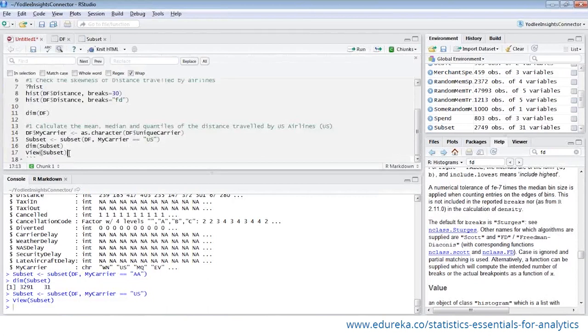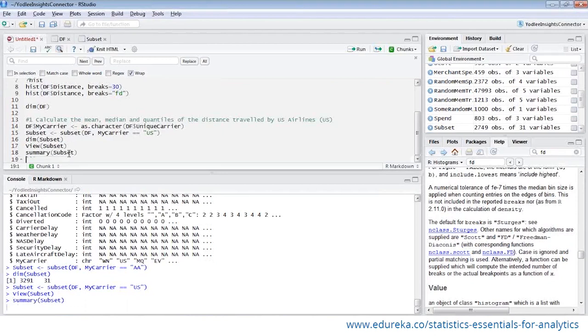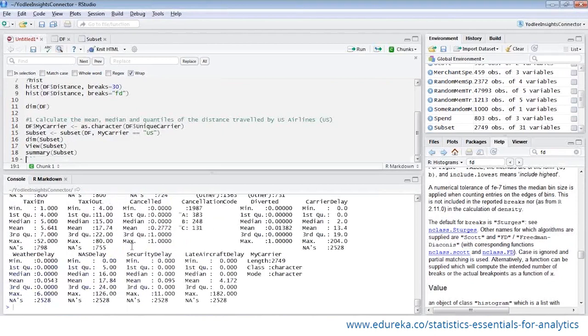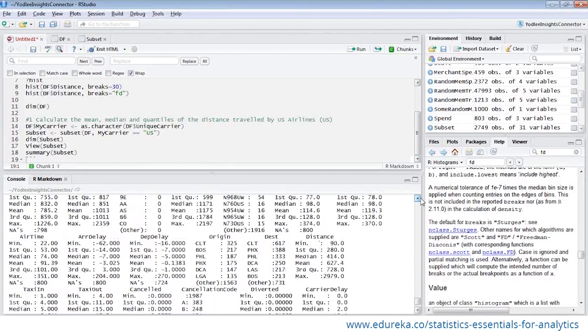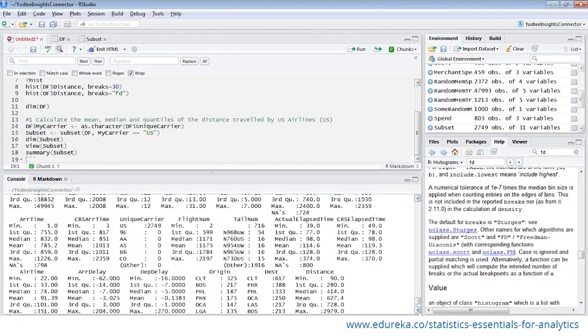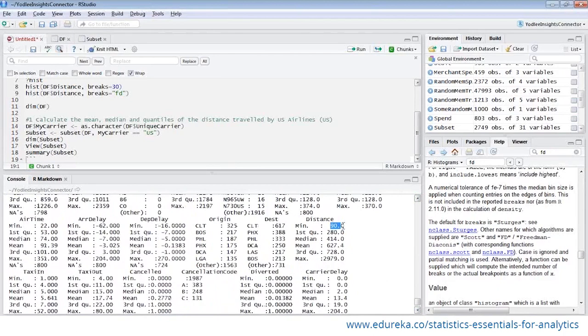So how to do this is basically there is a command called summary. If you do this, it will give you a summary of all the variables. For instance, if you are interested in the summary of the distance traveled, it says the minimum distance traveled is 90, the maximum traveled by US Airlines is this, the mean is this, the median is this, and so on.